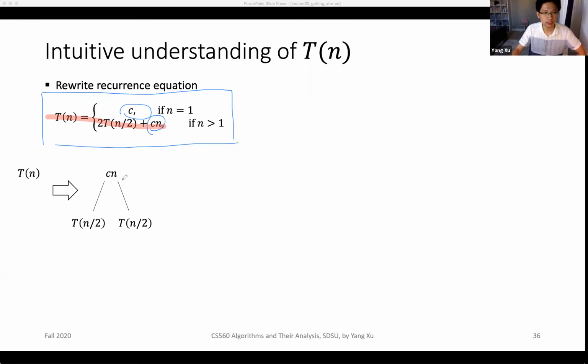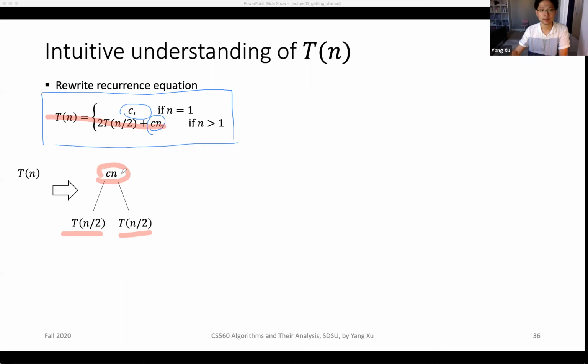We put the Cn here, which is a linear term, and this Cn is the cost of doing the merge procedure. The left branch is the cost of solving the left subproblem, and the right part is the cost of solving the right subproblem.